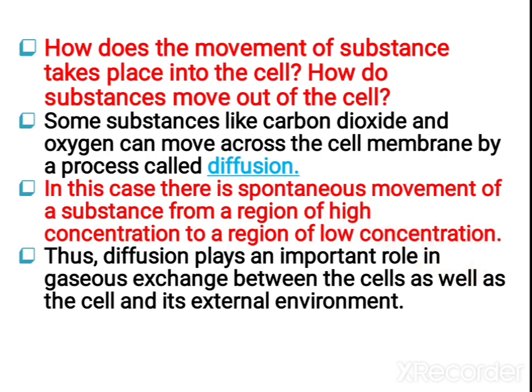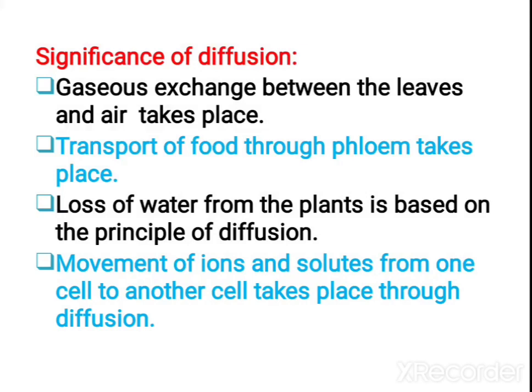The diffusion plays an important role in gaseous exchange. In case of lungs and all, gaseous exchange occurs. So for that purpose, it is much useful. Now let us see the significance of diffusion. Gaseous exchange occurs between the leaves and air during photosynthesis and respiration in plants.